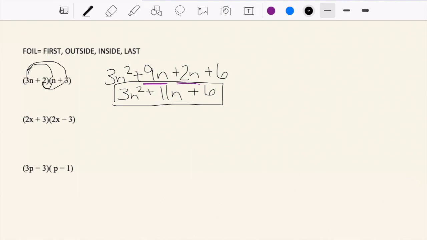So let's look at this next one. We're going to start with the first. 2x times 2x. So remember, we're going to multiply like by like. So 2 times 2 is 4. And then x times x becomes x squared.